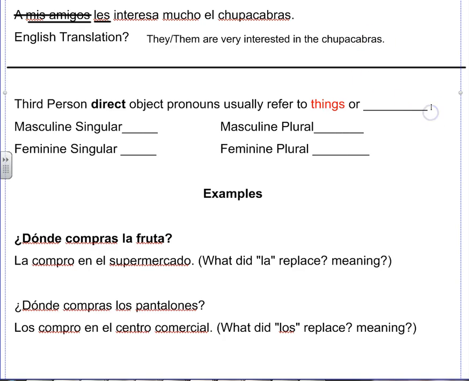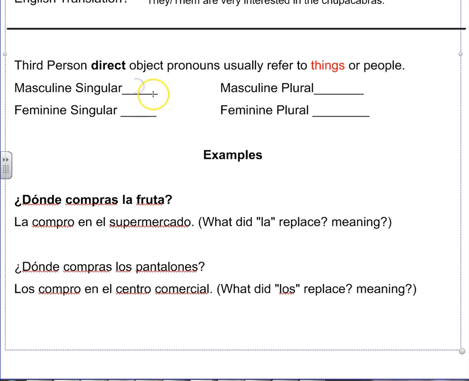They can also refer to people. It says or people. Okay? But things is what we're looking for most of the time, and that's how we're going to use it in this capítulo about shopping. Okay, so let's look at this. There are 4 different forms of third-person direct object pronouns.